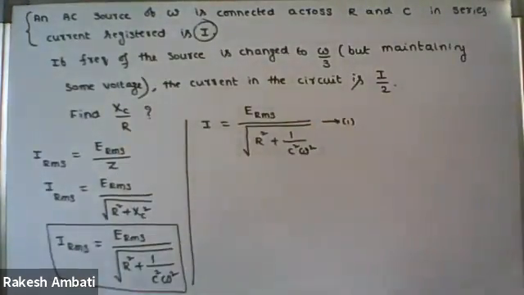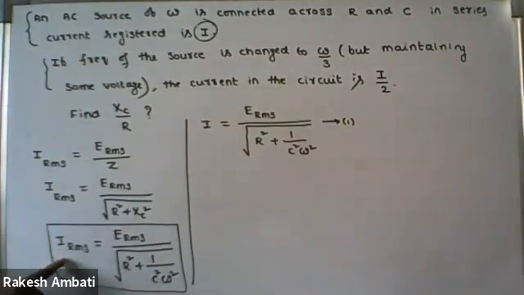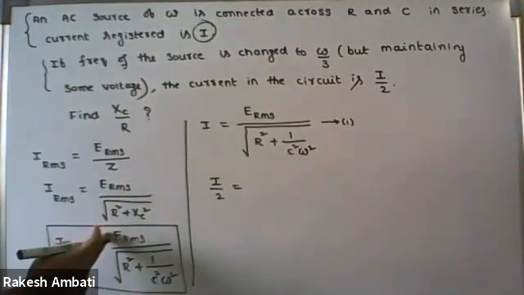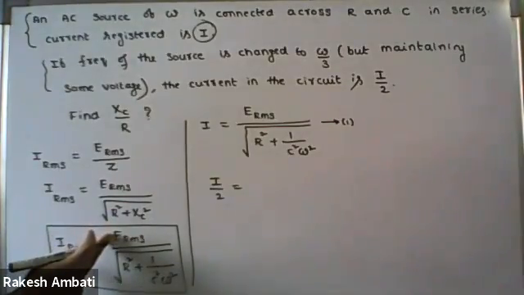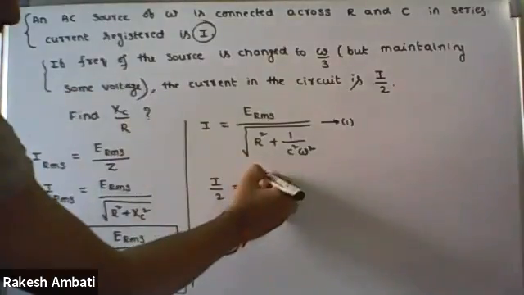In the second case, you apply the same formula, but in the place of IRMS we write I by 2. ERMS stays the same because the voltage is maintained.